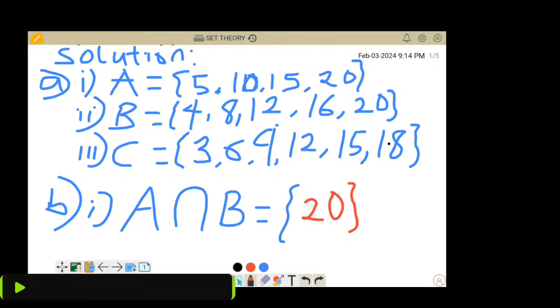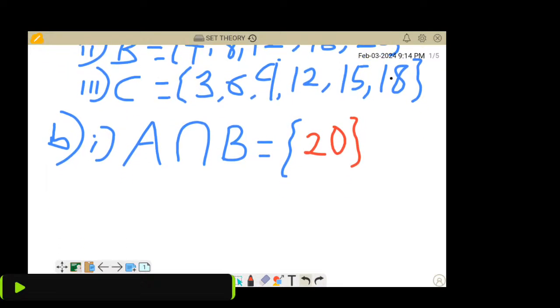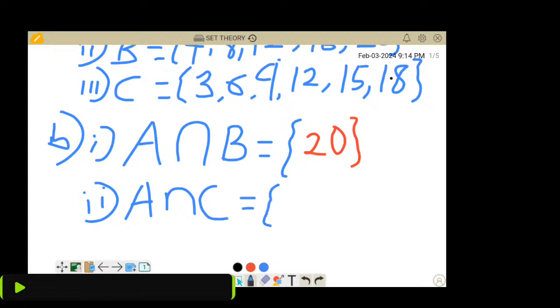And for Roman figure 2, we have A intersection C. Let me create a little space there so that you see clearly. Similarly, A intersection C simply means what A and C have in common without repetition.